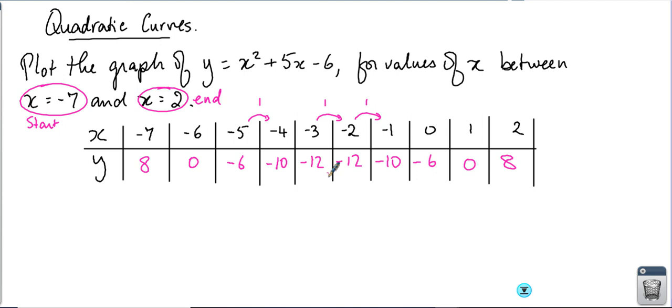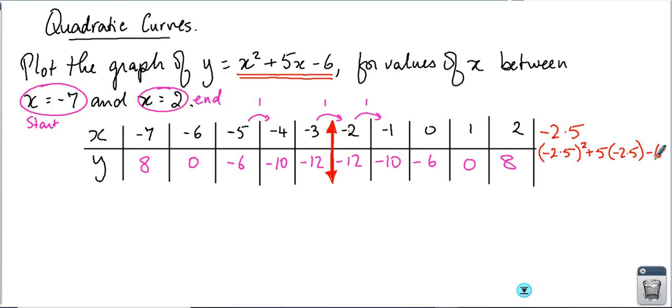You need to find it, so what are we going to do? I'm going to take the value which lies exactly midway between minus 3 and minus 2. Midway between them, there's minus 2.5. So I'm going to take my equation, y equals x squared plus 5x minus 6, and instead of x, I'm going to write minus 2.5. So I have minus 2.5 squared plus 5 times minus 2.5 minus 6.